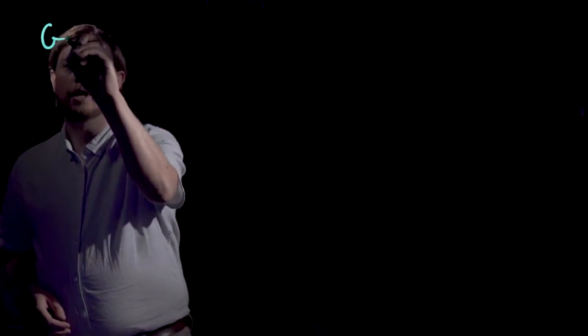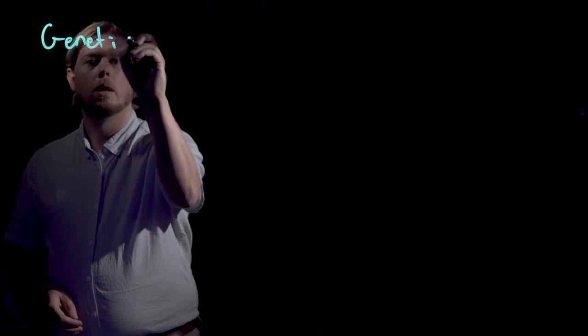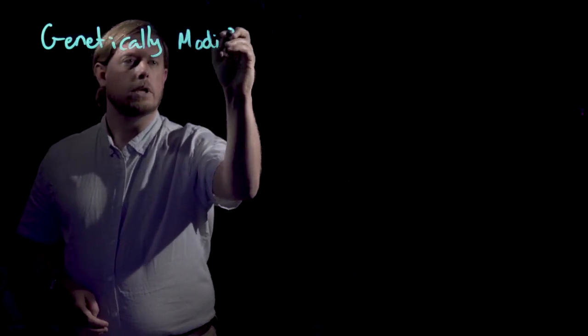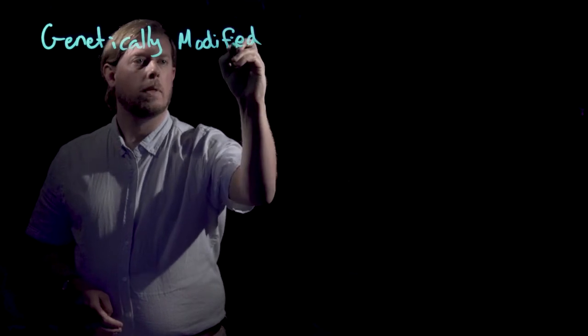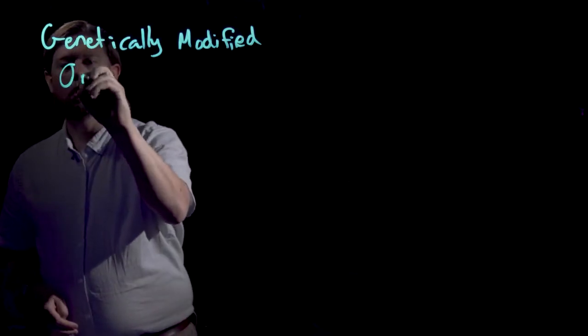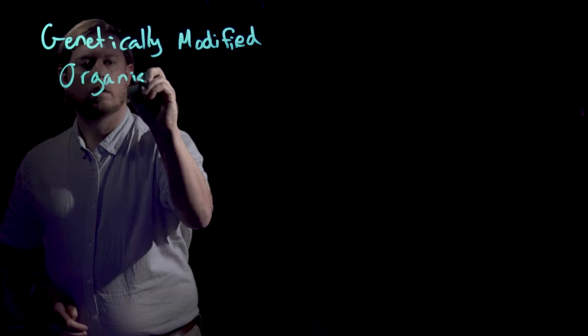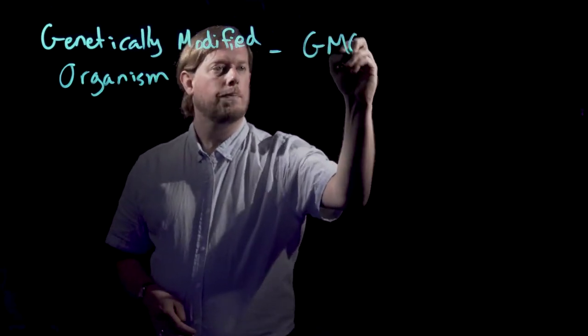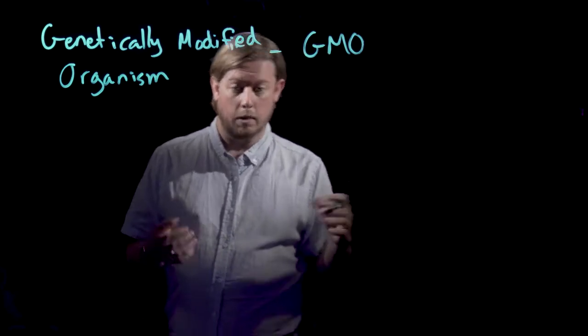So I'm going to start by defining genetically modified organism, which we're going to see a lot. You're going to see this most commonly referred to as just a GMO, whether we're talking about crops or animals.